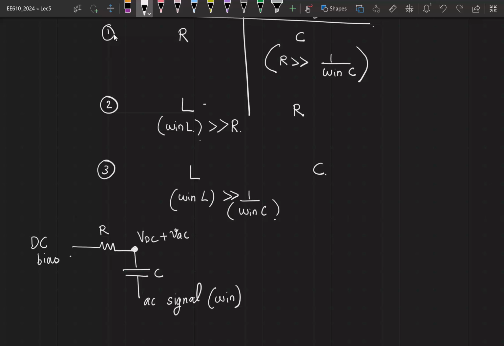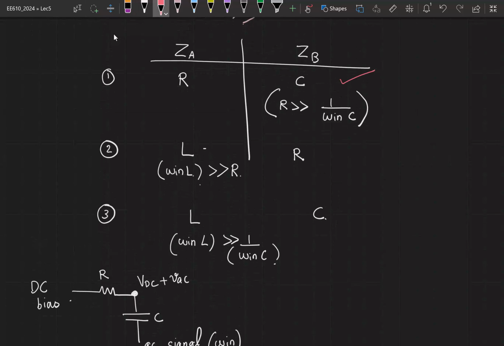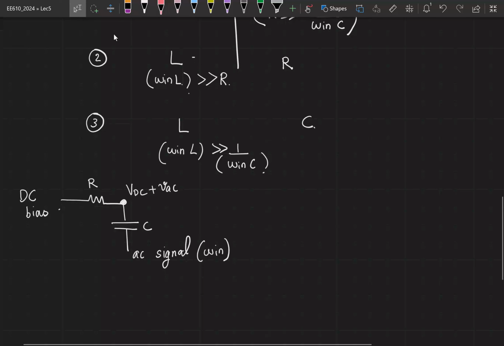Now instead of it being R and C, I could have an L and an R or an L and a C. All of these combinations are going to work out. On a chip, we generally prefer to use a capacitor instead of an inductor given a choice, which is why we typically go with this choice. So this is one configuration.